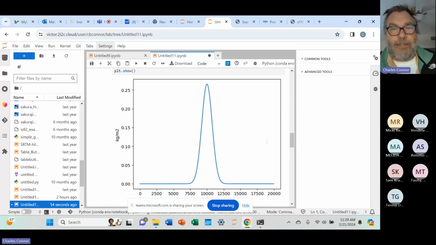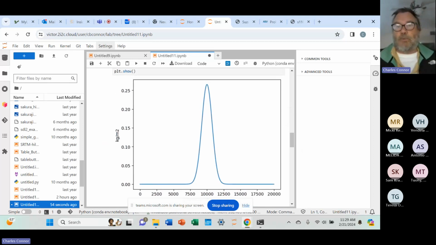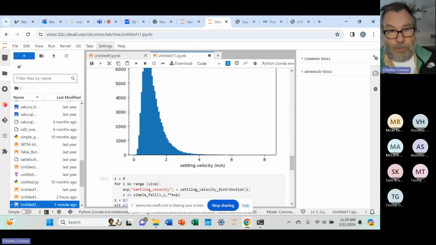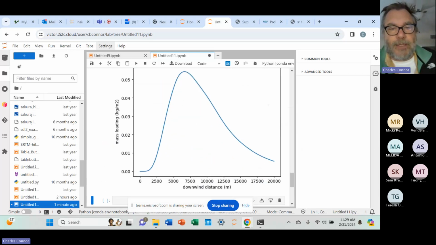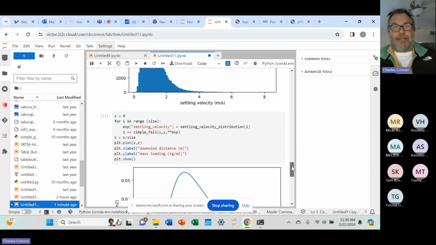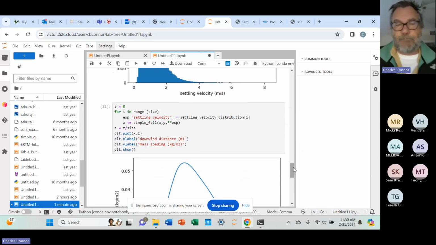Instead of the symmetric curve I get with one settling velocity, given my log normal distribution of settling velocities, I get a skewed distribution in Tephra accumulation as I go downwind. That's pretty sweet. That starts to look more like what I expect in a Tephra deposit.